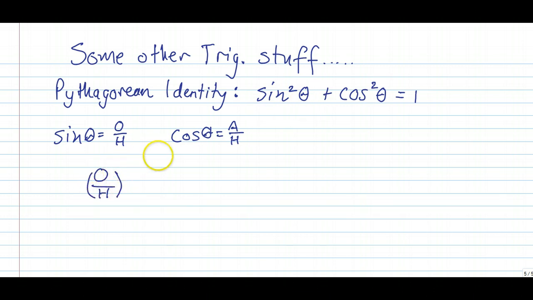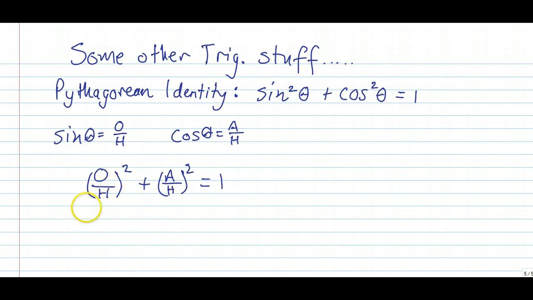Instead of sine squared theta, we'll have (O/H) squared. And instead of cos squared theta, we'll have (A/H) squared. Because sine theta equals O/H, I've just replaced the sine theta with O/H, but it's got to be squared. Same with cos theta. And that all equals 1.